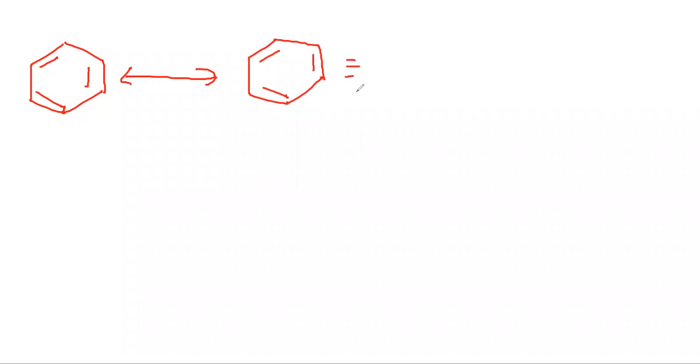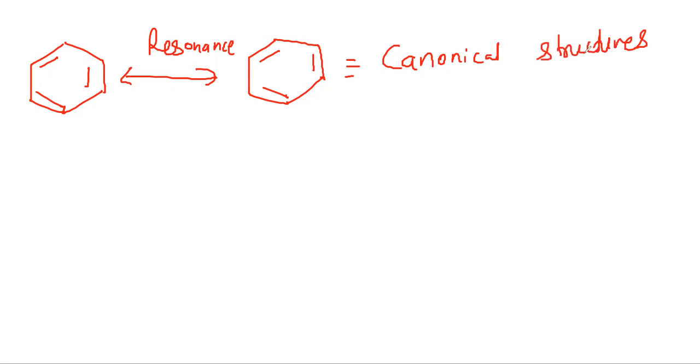These are canonical structures, they are undergoing resonance, and together they can be written as this, which is called the resonance hybrid. There can be a diagram or a molecular formula which can represent both.